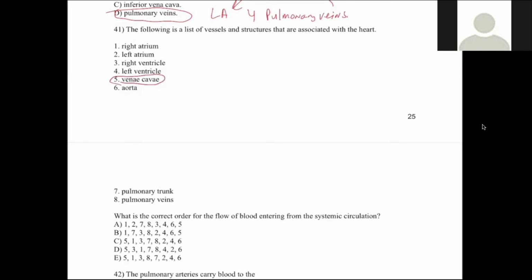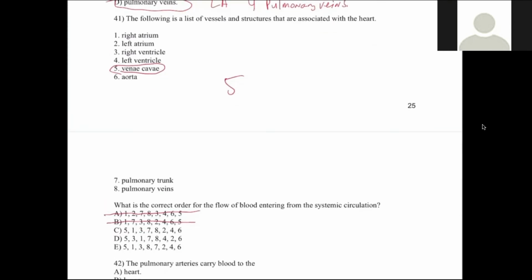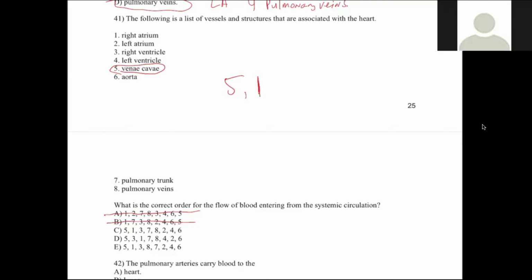Then we're gonna take out A, B, and E. Then right atrium, right ventricle. Then number 1, we're gonna take number 1. So then it will be C. So we're gonna take number D out.